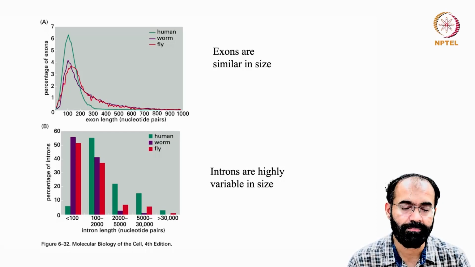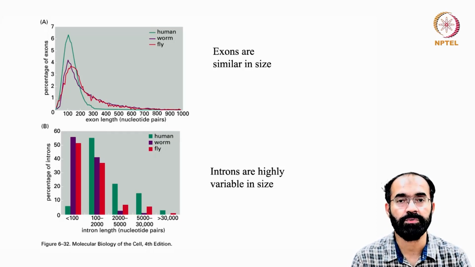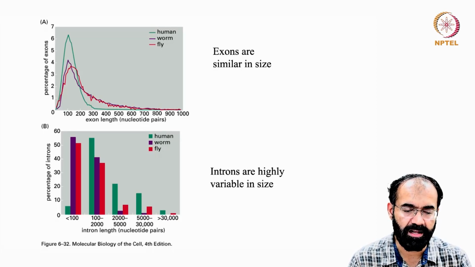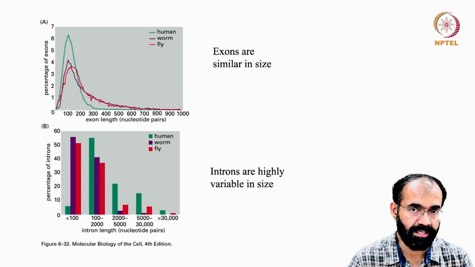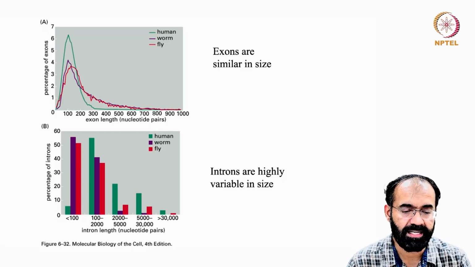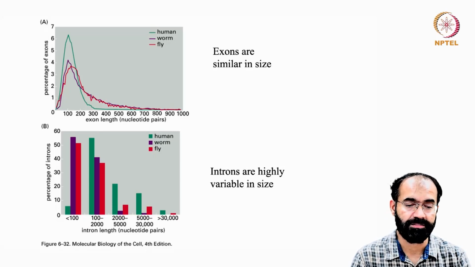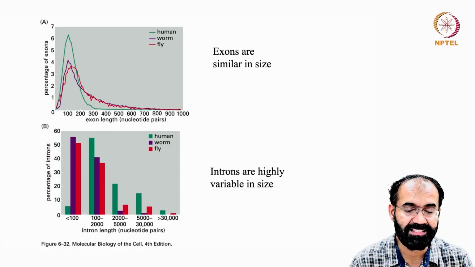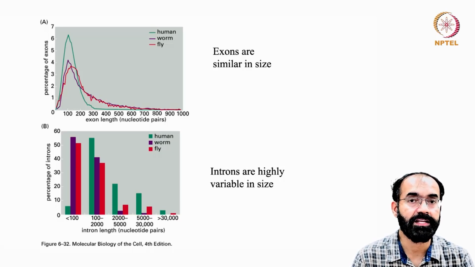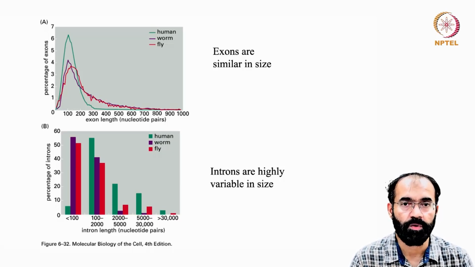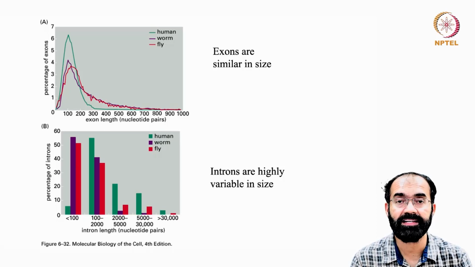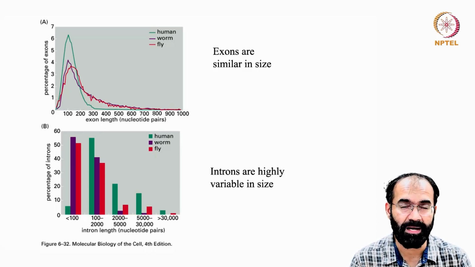In human, there are some introns ranging from 5000 to 30,000, but by and large the domination is on the shorter side: less than 5000, or even less than 2000, is the predominance. Interestingly, in humans you cannot find much frequency of introns less than 100 bases, with a reason: for a stretch of nucleotide sequence to act as an intron, it needs to have the branch point, polypyrimidine tract, and all these features.